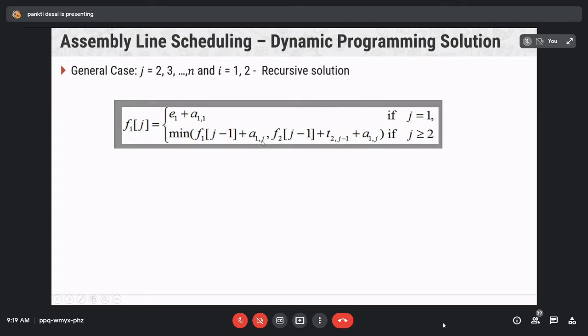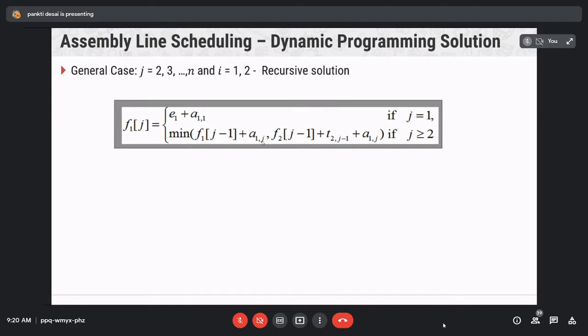Whatever time you have traversed in the assembly line previously, that time plus the current station time, comma, F2,j minus 1, if you move from the second assembly line to the first assembly line.